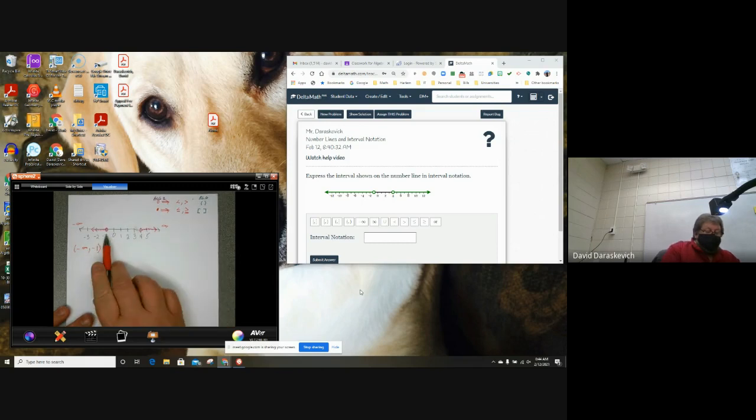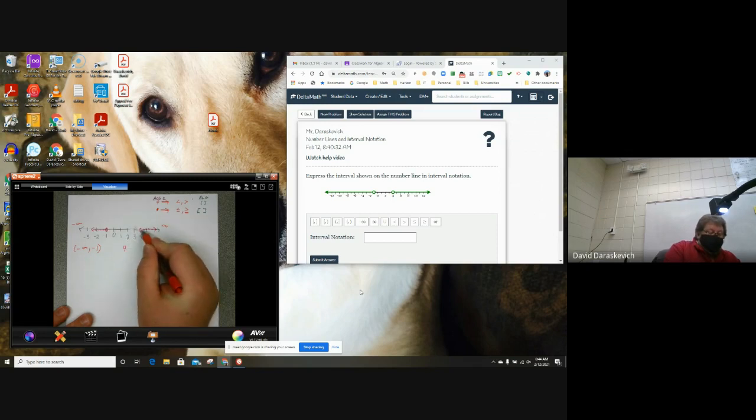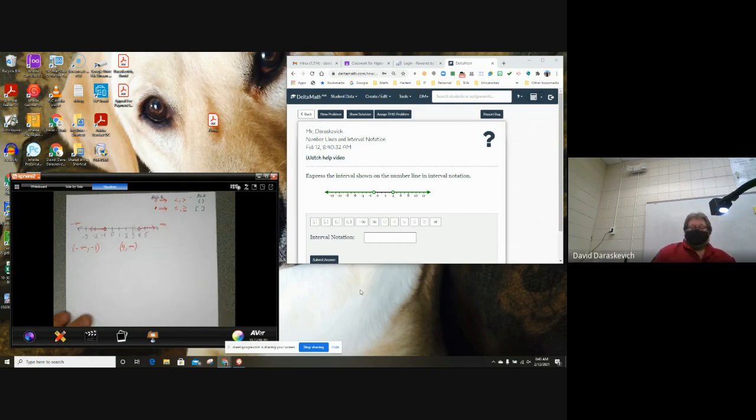Okay, so I keep going here and I get the number 4, parentheses, comma, keep going, goes out to infinity, which always gets parentheses. So there's my interval notation, almost.